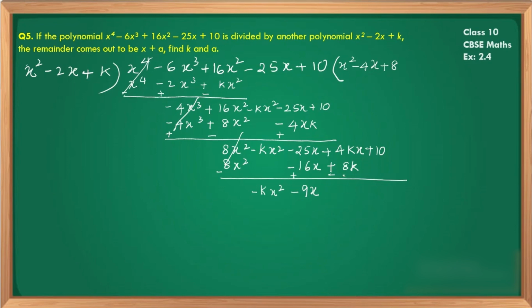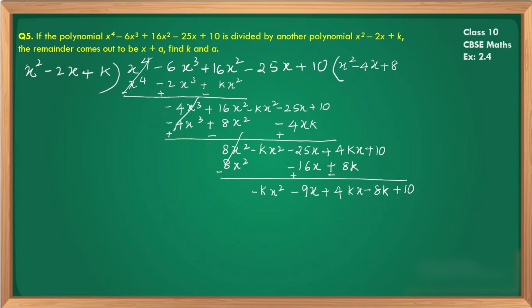Here these two are unlike terms, write down as it is, plus 4kx and then minus 8k, and bring this plus 10 as it is down.